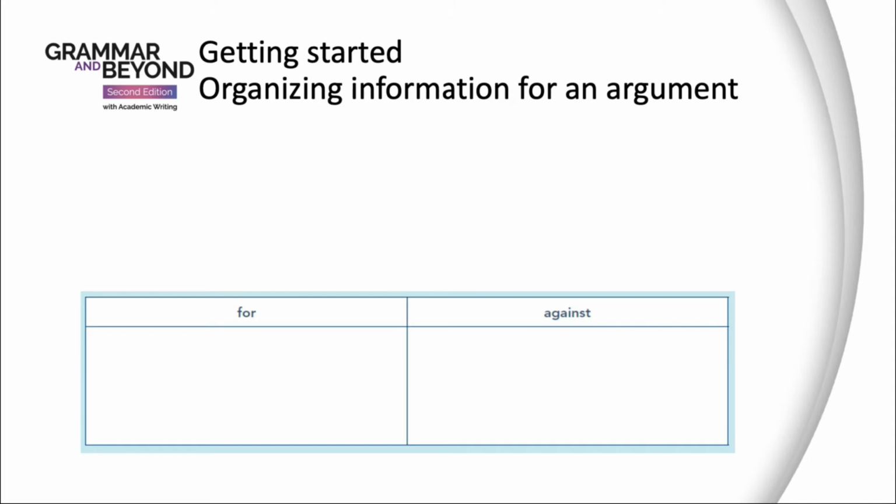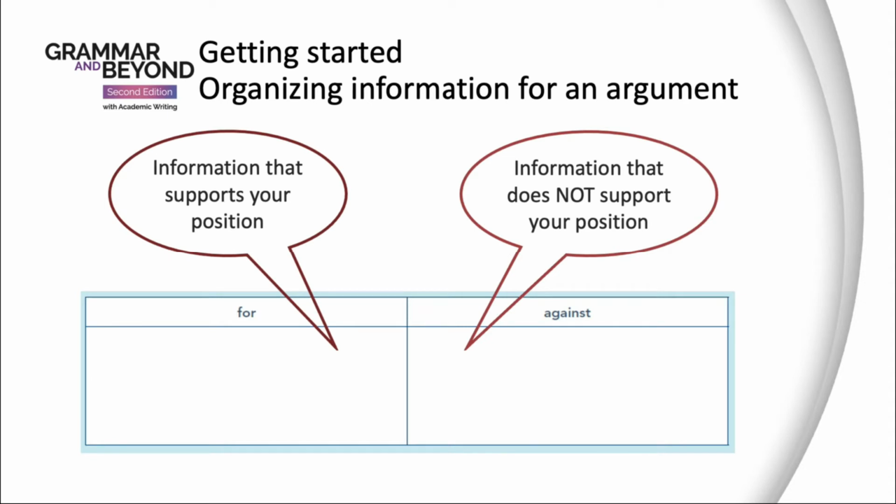So now we have some information, and let's say that we're going to be writing an argument. We're going to be taking a position. So this T-chart is very useful for putting notes and information that support your position and information that does not support your position. And you might be thinking, why would I want information that doesn't support my position?